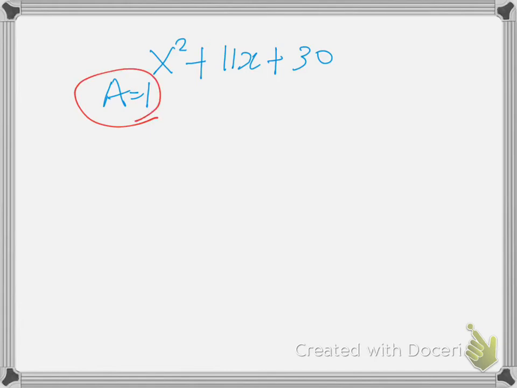So let me do it again. Let's look at a new one. x squared plus 11x plus 30. So first you have to check a is 1. a has to be 1. If a is not 1, it's much harder. Okay, it's much harder. And the b is the sum. Remember, this is the sum. b is 11, and then c is 30. c is the product.